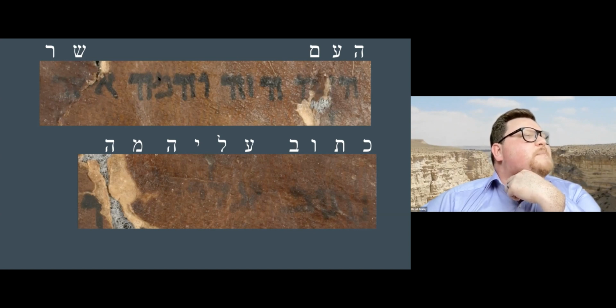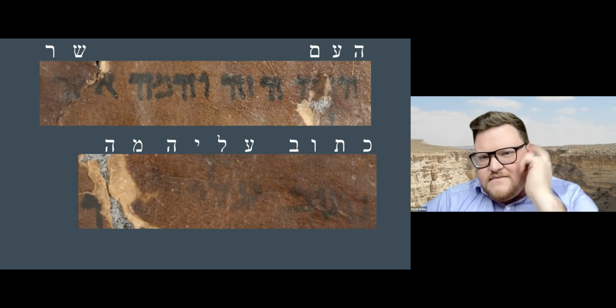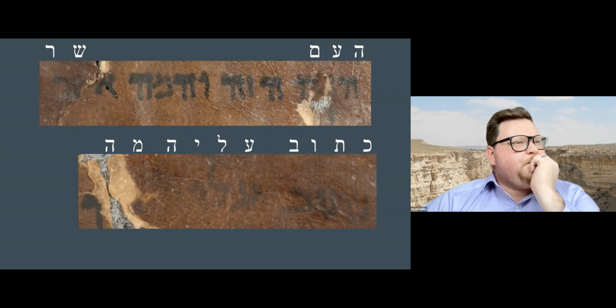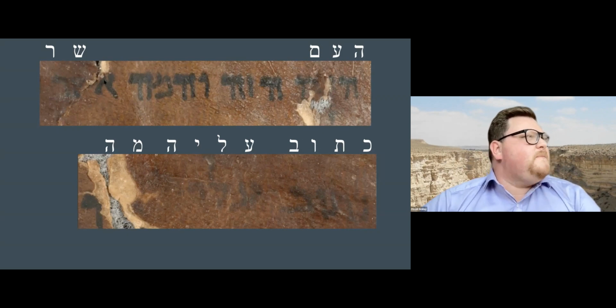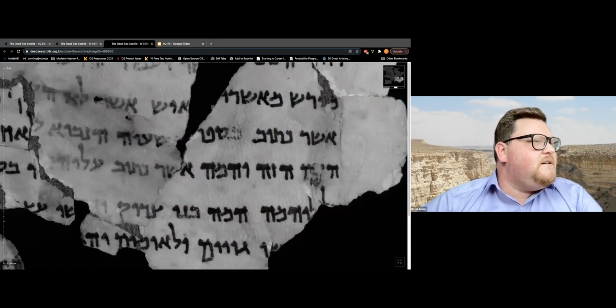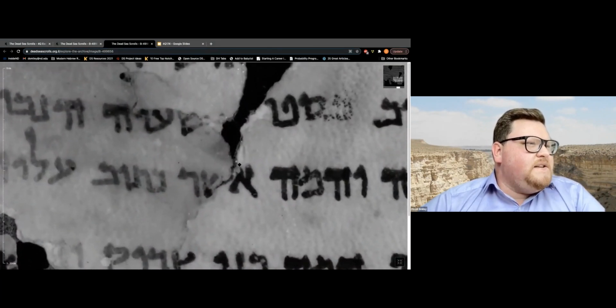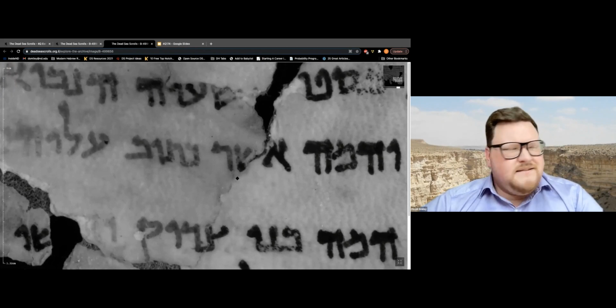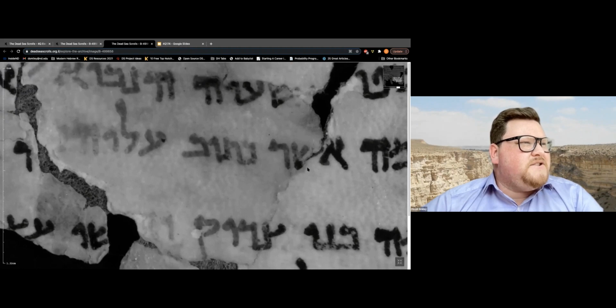So we got a mem, probably. Hema? Yeah, vahema, which is just a pronoun, they, them. We could definitely see the aleph here. But if we go to the infrared scans again, we can definitely see the asher. And not only the asher, but what about here?